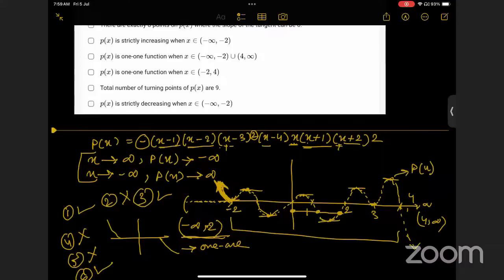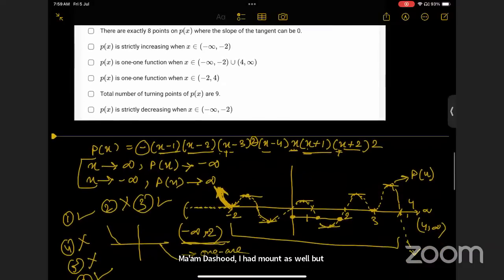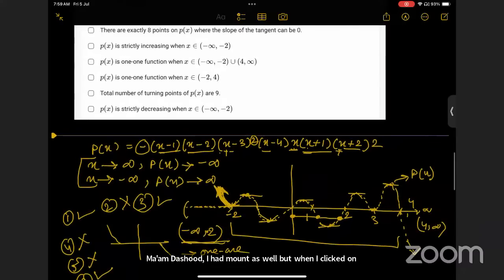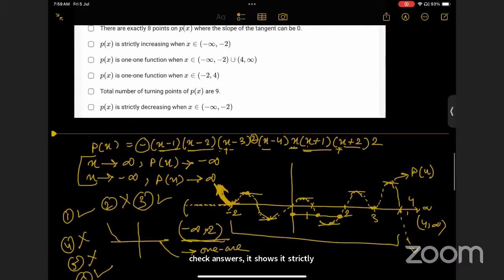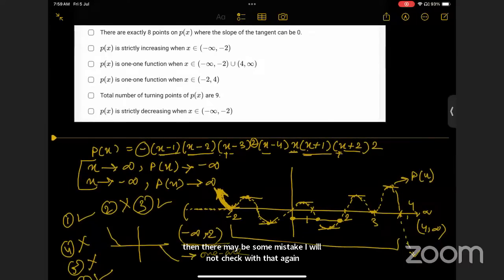Ma'am, but in the solutions it is given, it is strictly increasing. No, you can see the graph, right? That's what I had marked as well, but when I clicked on check answers, it shows it's strictly increasing. Okay, then there may be some mistake. I will check with that again. But yeah, we can see the end behavior, right?